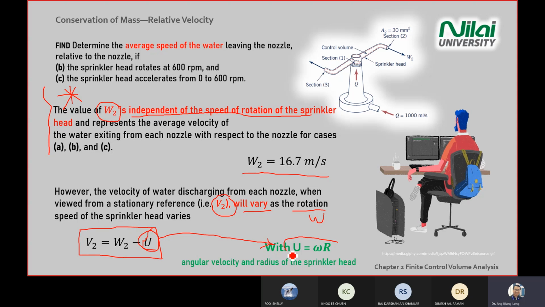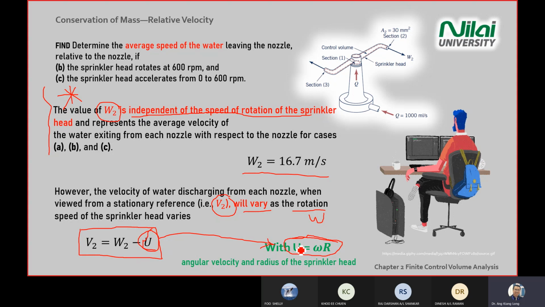This one you learned in your machine module, or in your statics or dynamics class. When you have a rotational body, you need to link your omega with the radius, then your U is the product of omega times R, and then you get the velocity.